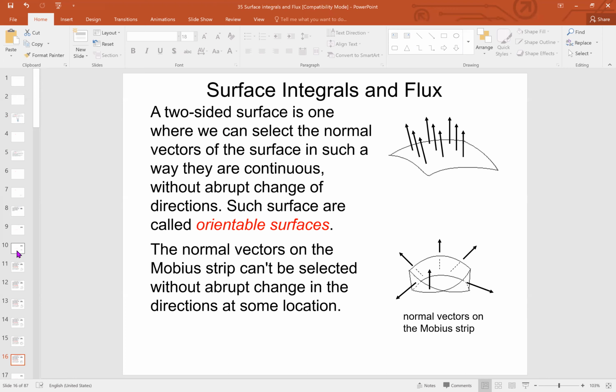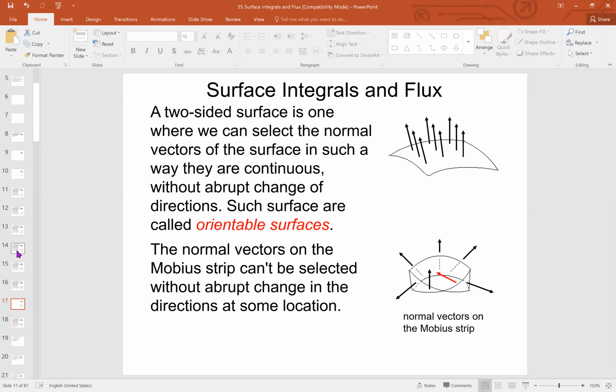You take a piece of paper and make a twist, and now the pole I'm holding, which pointed up, is pointing in the opposite direction from when I started, even though I'm standing at exactly the same point. So this is impossible. Therefore, on the Mobius strip, it's impossible to define two sides. So the question of flowing across doesn't make sense anymore.